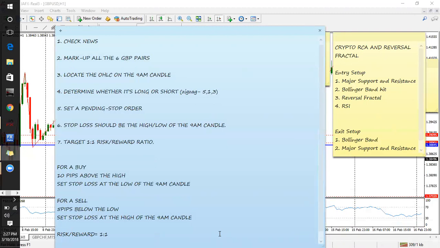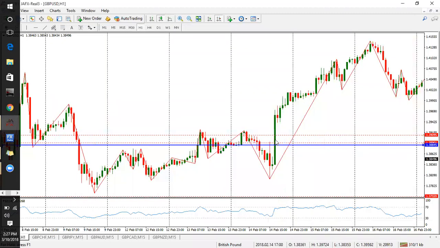If your risk is 25 pips, you have to target 25 pips, and definitely it's going to hit it that day. You saw what happened right here. This is supposed to be our entry point, and the risk right here was 24. Target 24.